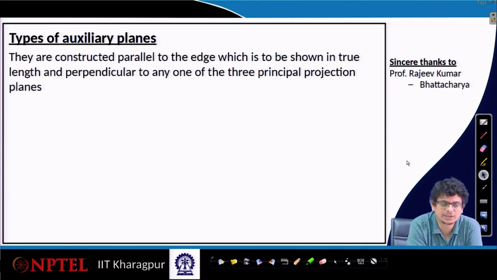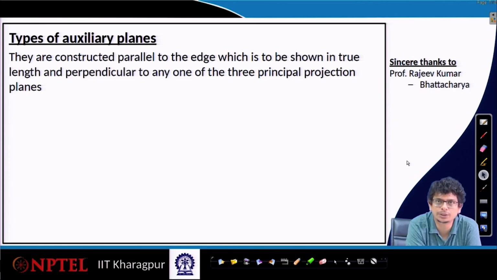Usually, these are constructed parallel to the edge which is to be shown in true length and perpendicular to any of the three principal projection planes. Our principal projection planes are always the vertical plane, horizontal plane and side or profile plane, and these auxiliary planes may make an inclination angle with them.